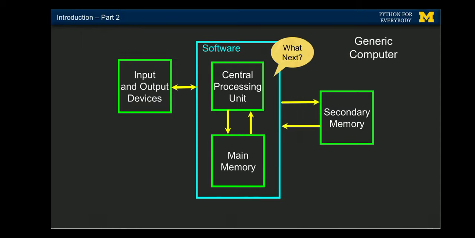This is a generic computer with input and output devices. There has to be software for every central processing unit, and there is a main memory with a direct exchange between the central processing unit and the main memory, and thereafter a secondary memory, which is non-volatile.